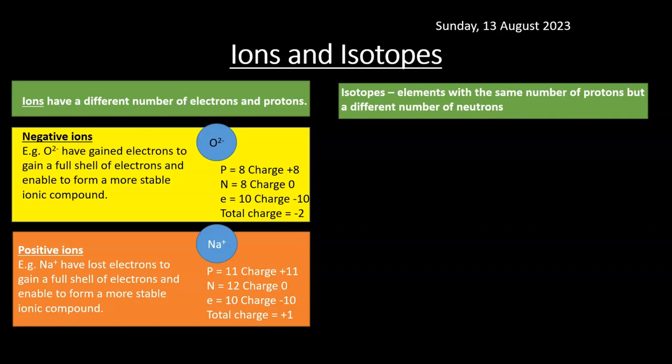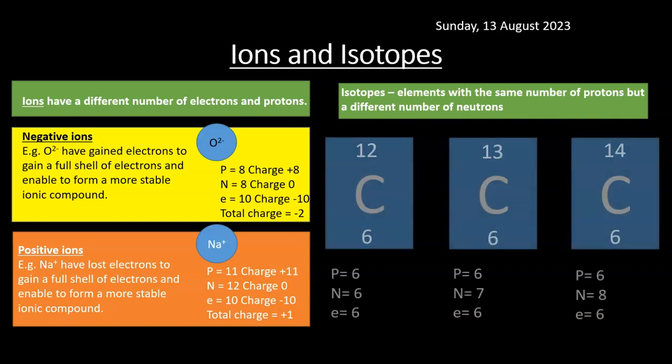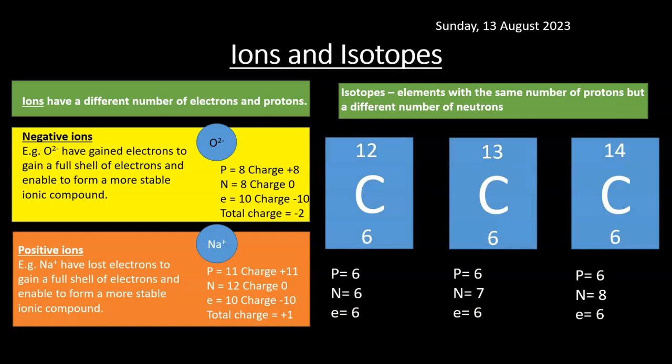Well, of course, the properties of isotopes will all be chemically identical, because all isotopes of the same element have the same number and arrangement of electrons, so their chemical properties will be the same. Here are the three isotopes of the element carbon. Notice they are all atomic number 6. 6 protons equals carbon.